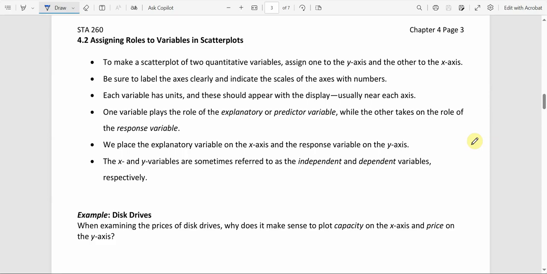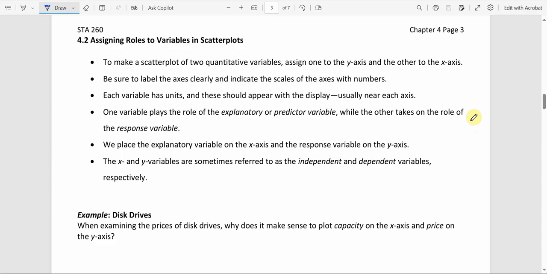If you have some idea that there might be a cause and effect relationship between the variables just based on what those variables are, like if you think, okay, if I change this one, that's going to force this other one to change, then you want to put the cause variable, which is your explanatory variable, on the x-axis, and then the effect, which would be the response variable, on the y-axis, right?